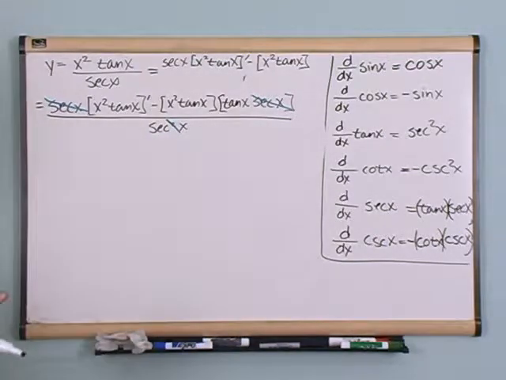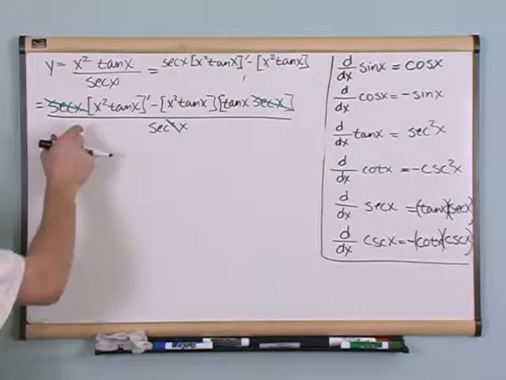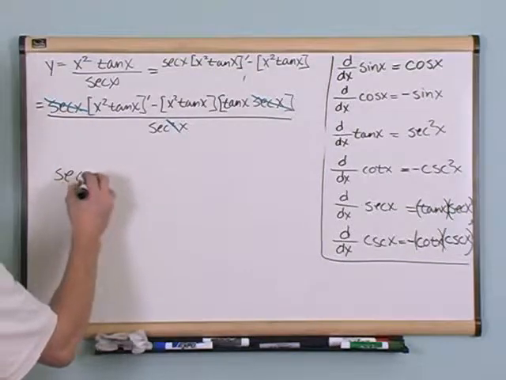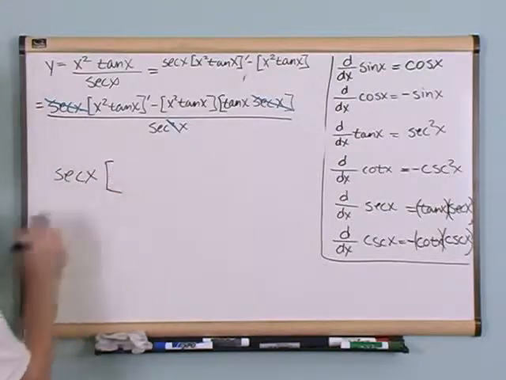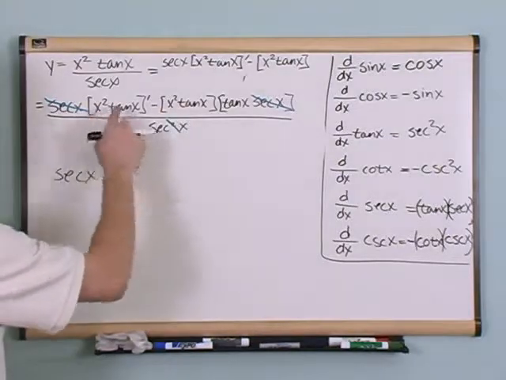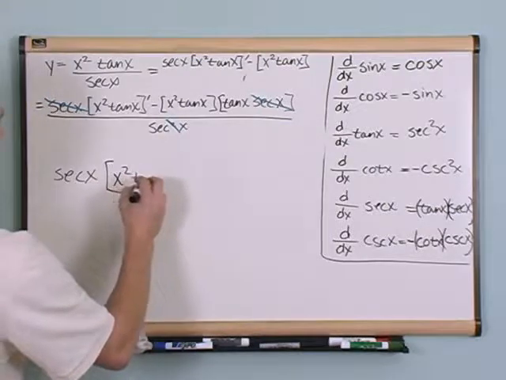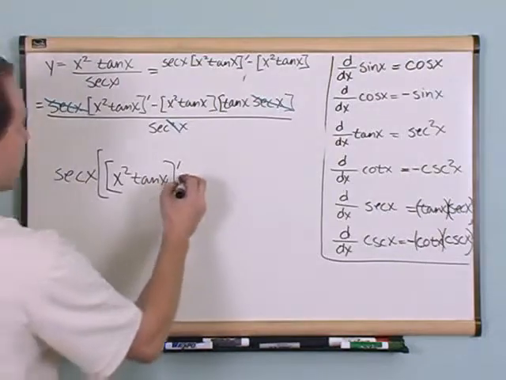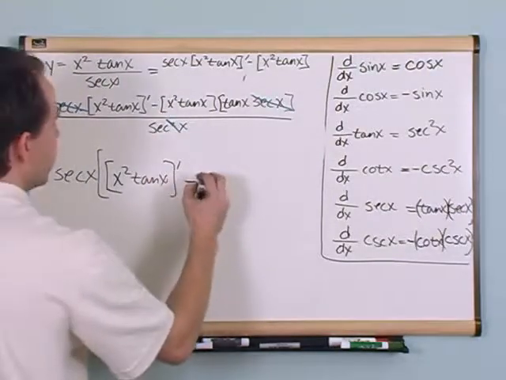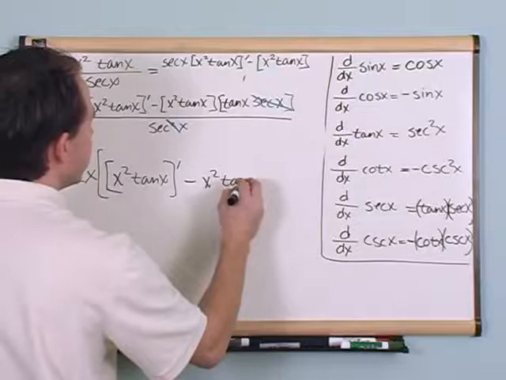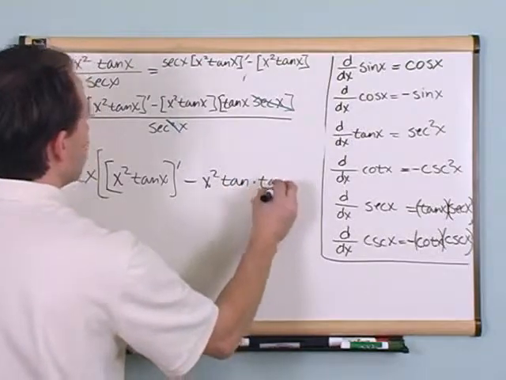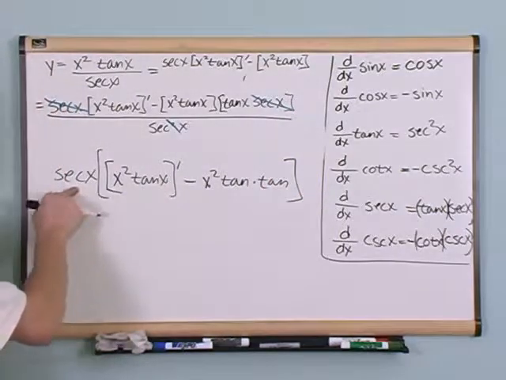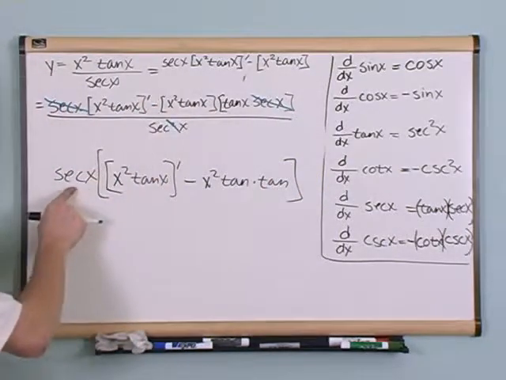Now, just to recap, what I did here is, in one step, I factored out a secant on the top, and what I would have had left over on the top would be x squared tangent x, and I've got to take the derivative, and then over here I have x squared tangent times tangent, because I have a tangent here and a tangent here. And you can see that you can factor out a secant from both of these terms, and so that's why I can write it here.